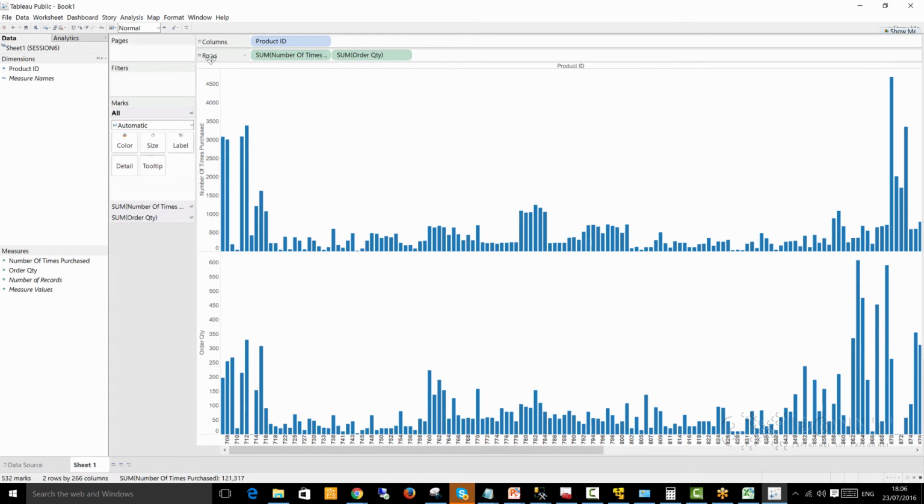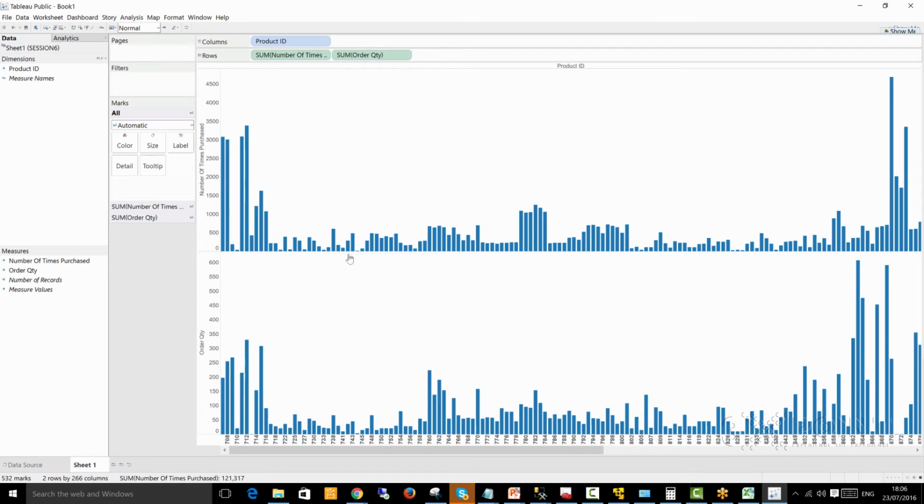Because we put these other measures on the rows area, we have rows by the side. So here we have number of times purchased, and we have it in sum. Order quantity, we have it in sum as well.